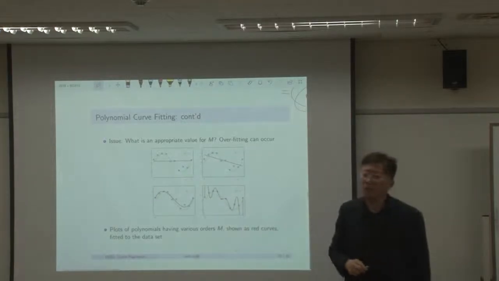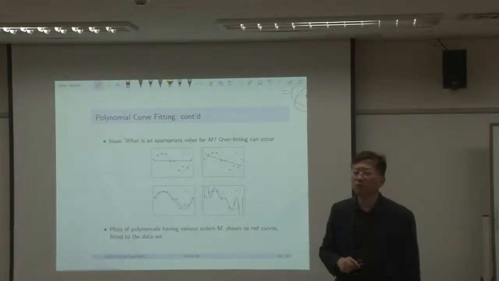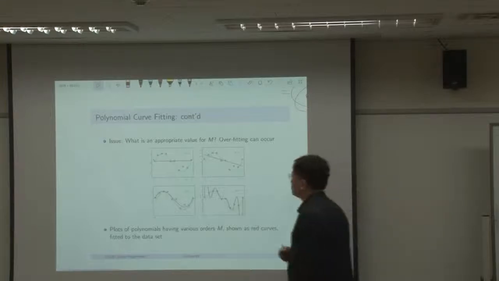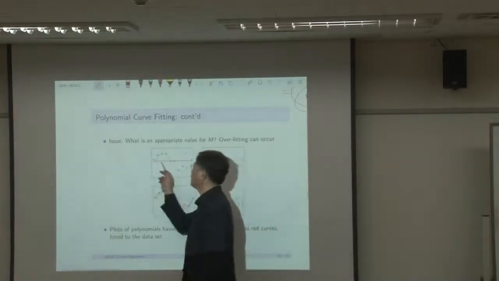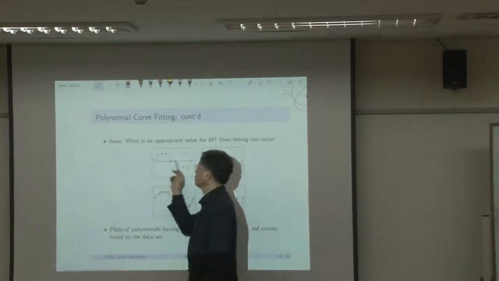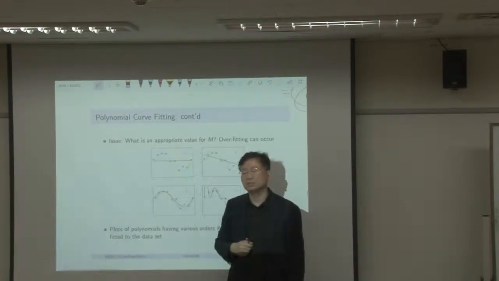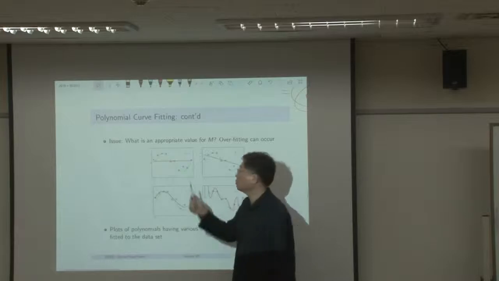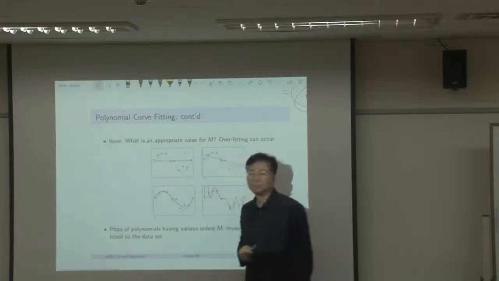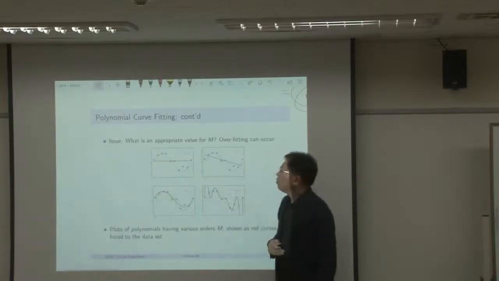And I'm going to use a zeroth order polynomial. What is a zeroth order polynomial? It's just a constant. Okay. So here is a line, for m equals 0.